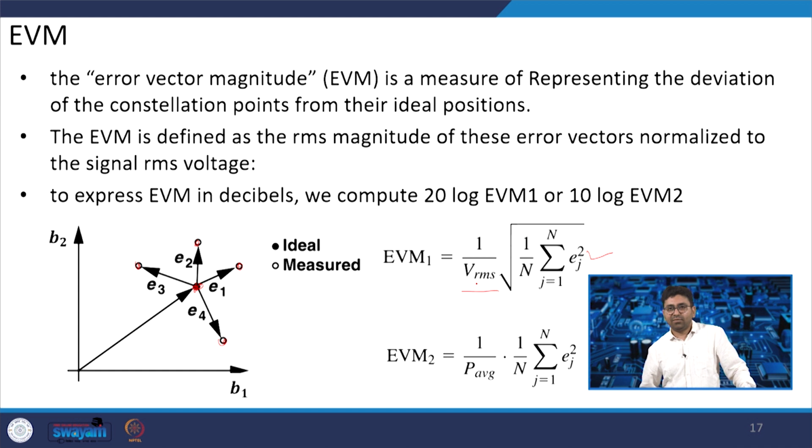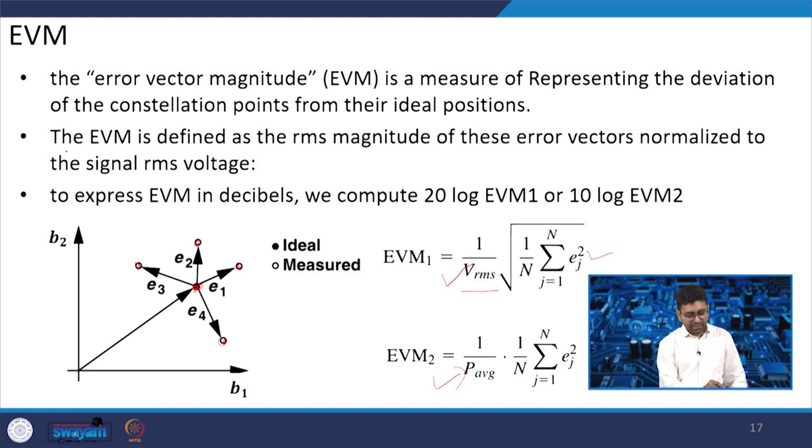So this is one way of finding the EVM. Another way of finding EVM is related to a power quantity, whereas the first is related to RMS voltage. Here it is the average of all the squared errors, divided by the average power.